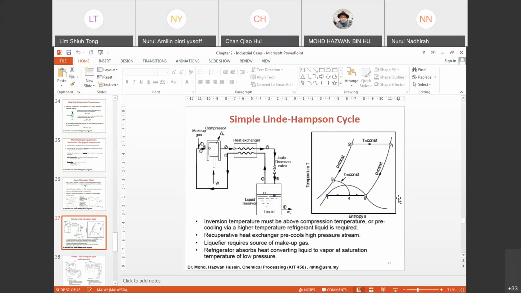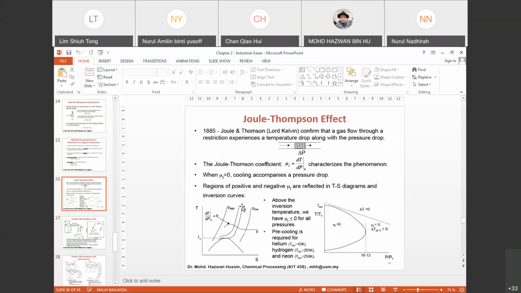A recuperative heat exchanger pre-cools the high pressure streams, and this will require the liquefier as a source of makeup gas. Finally, the refrigerator will absorb the heat, converting the liquid to vapor at saturation temperature at a lower pressure. Any questions so far for the simple Linde-Hampson cycle?